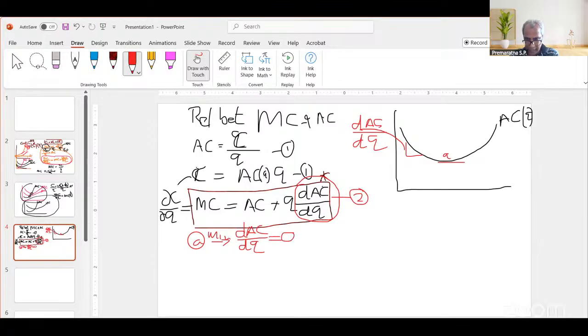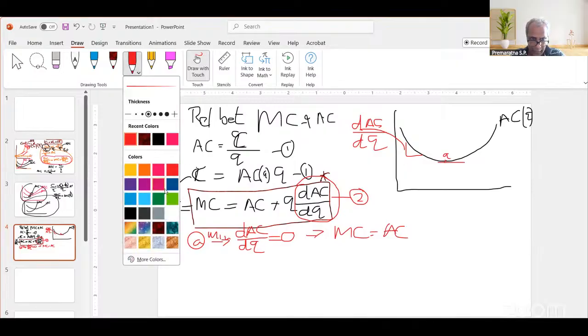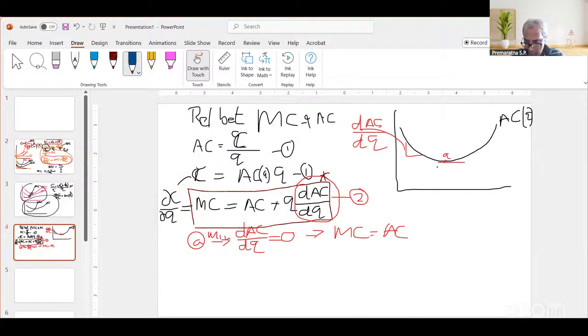So look at this, equal to 0. This right hand part of the equation becomes 0, which means you conclude that the marginal cost equals average cost. At point A, the minimum point, the marginal cost crosses here, because at this point both are equal.